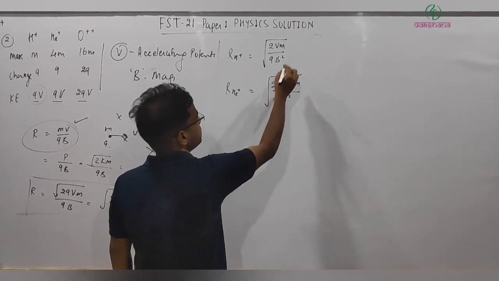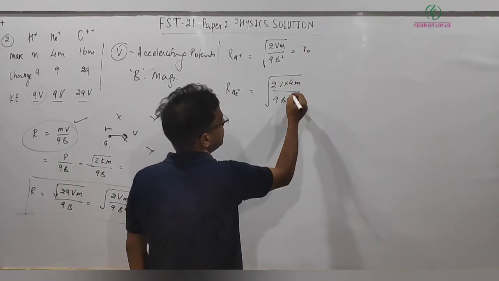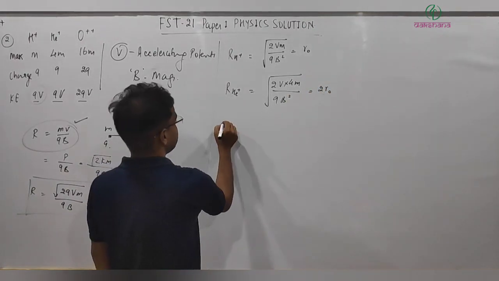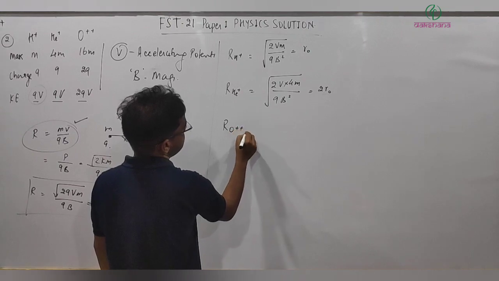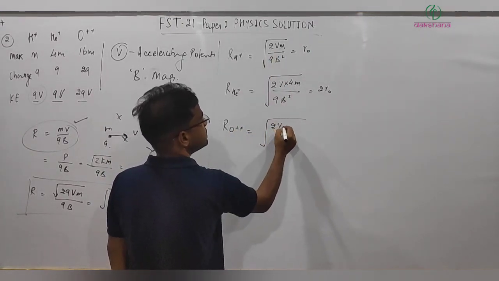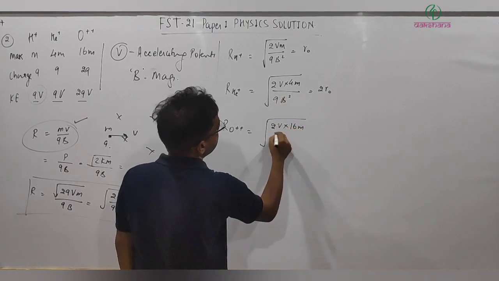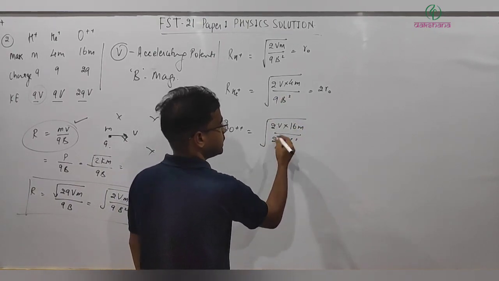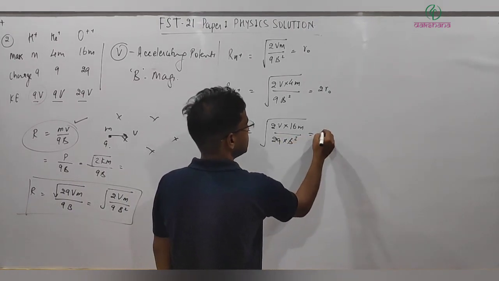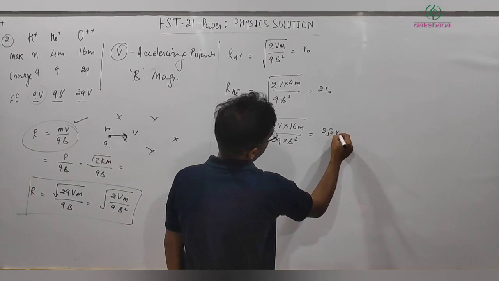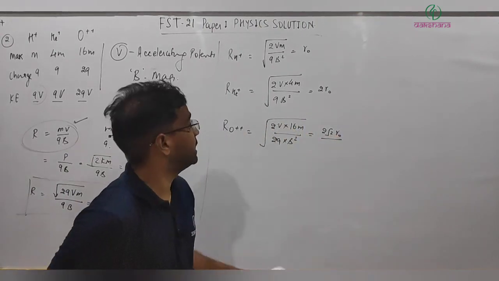If I take this as R naught, then this comes out to be 2R naught. Simplifying. Similarly, R of O plus plus will be under root 2, V is V, m is 16m, divided by 2q, and B square. Simplifying, we get 8, so it's 2 root 2 into R naught. So these are the radii we are getting.